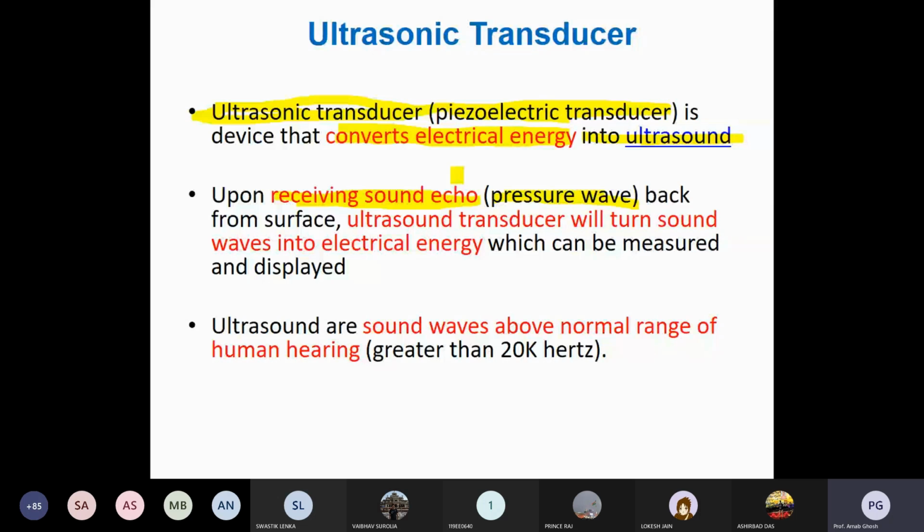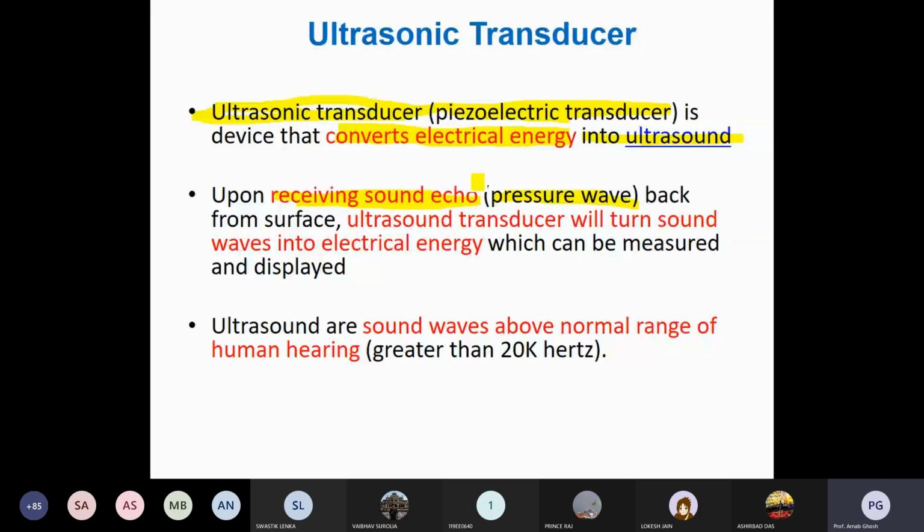How does the piezoelectric effect sensor work? The piezoelectric crystals are there, and if you apply some pressure on them, you will get some electrical output. So how do you get that? If you send out ultrasound, it is reflected by a sound reflector and comes back to you, providing a pressure wave.